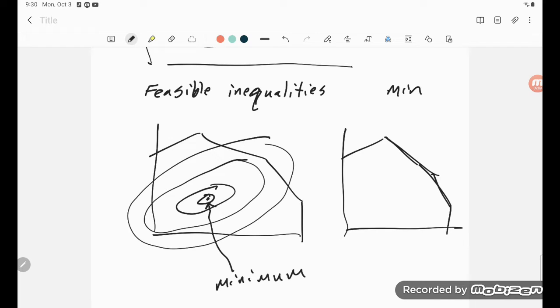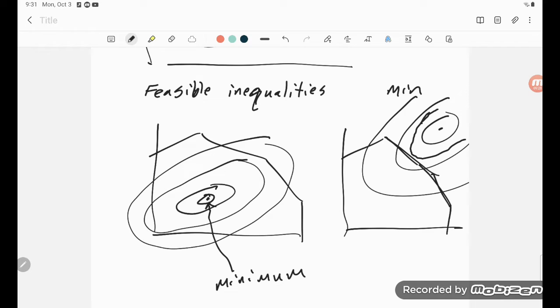On the other hand, if the center of those ellipses, so I'm going to put the center first and start drawing some ellipses like that, well then that one, if I can get it to just barely touch, there's the minimum or optimal in this case for the left one, but here it is at an edge again.